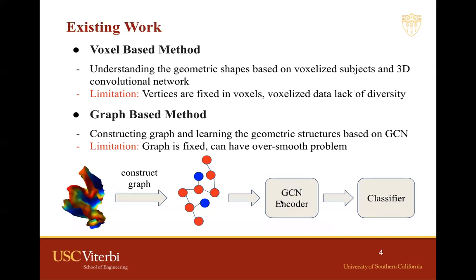Nowadays, with the advance of GCN, graph-based methods are proposed. They construct a global graph based on vertices and learn the geometrical features by node feature propagation. However, the propagation inside the fixed global graph can cause the over-smoothing problem as the layers of the network go deeper.